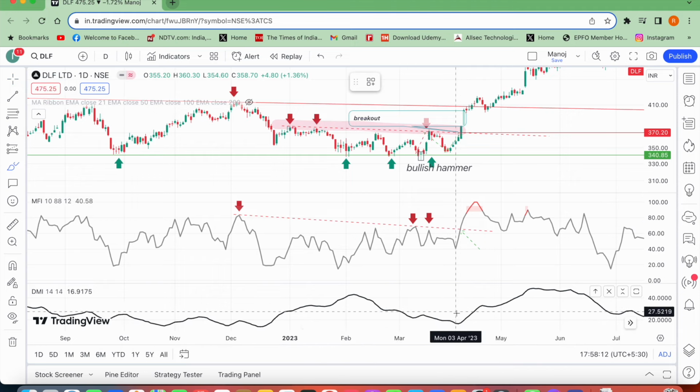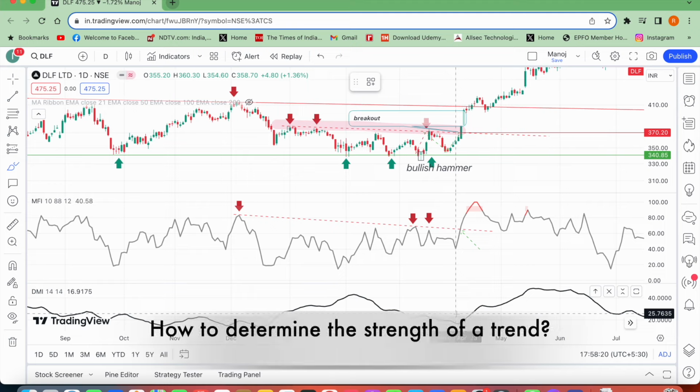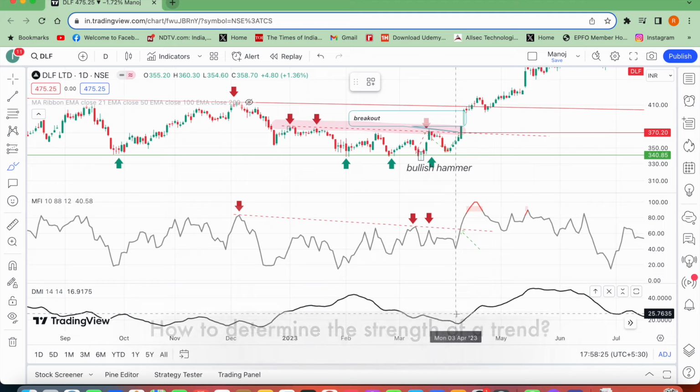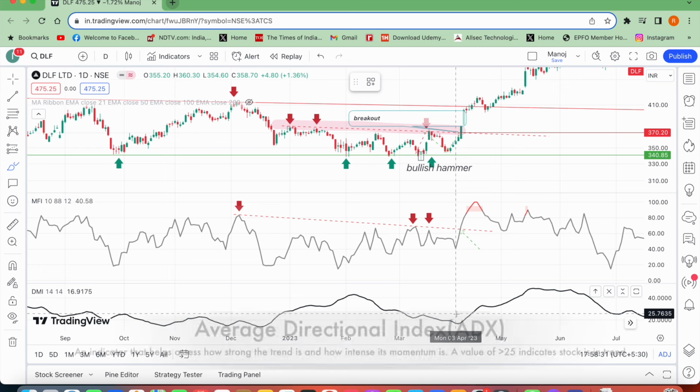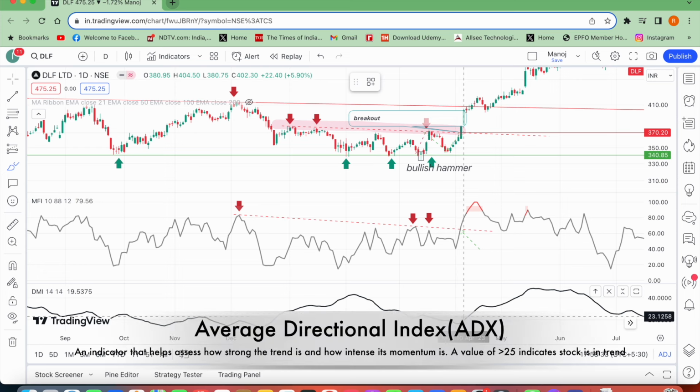At the same time, I use another indicator to know the strength of the trend. If I know that the trend has started and I want to understand how strong this trend is, I will use an indicator called the Average Directional Index. If this ADX is rising upwards and goes above the 25 level, I just mark the 25 level on my chart.